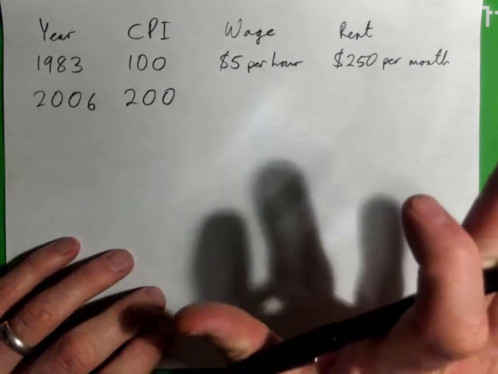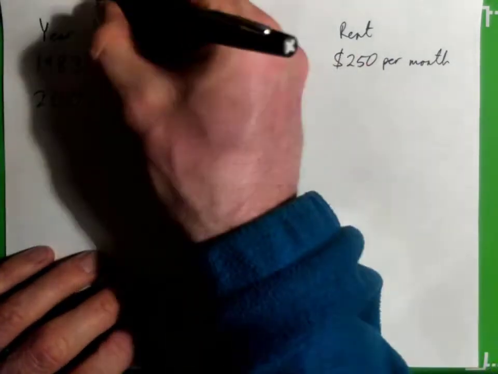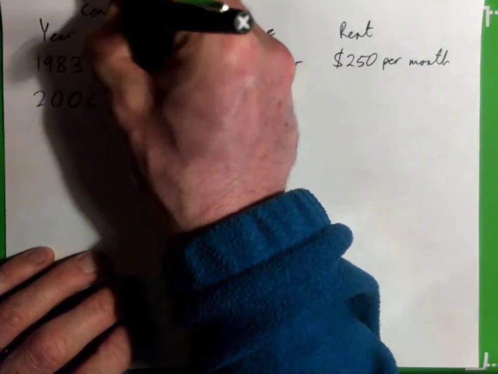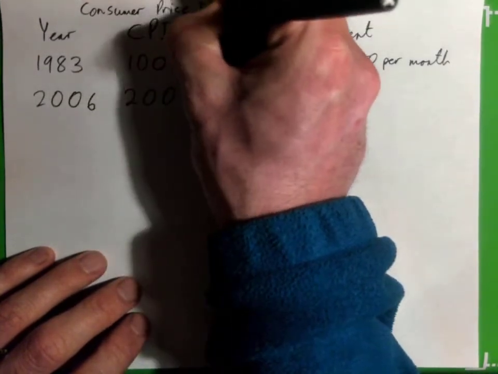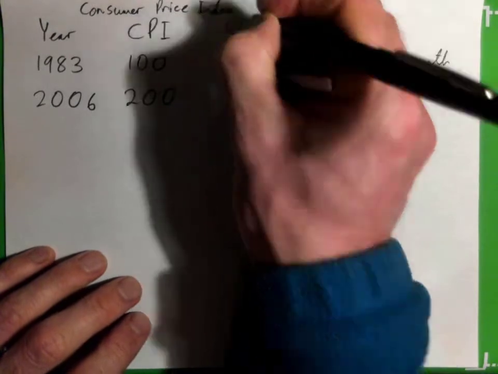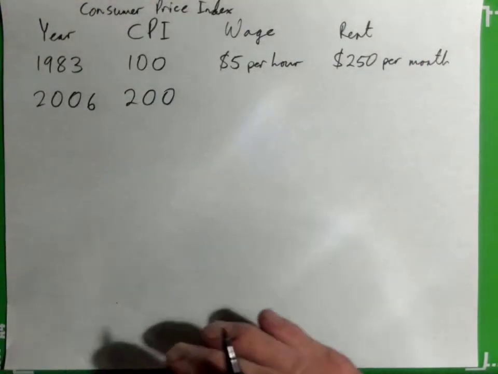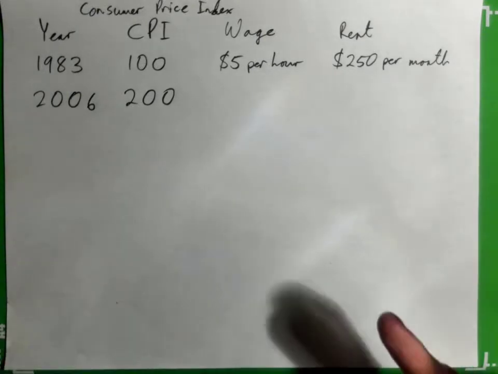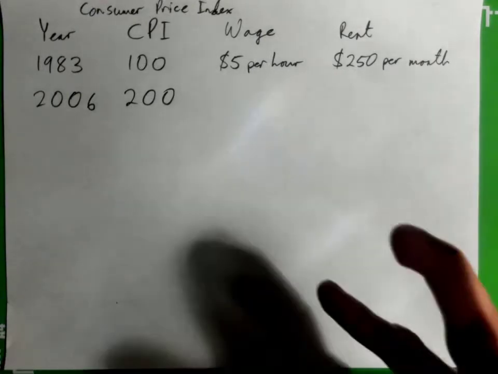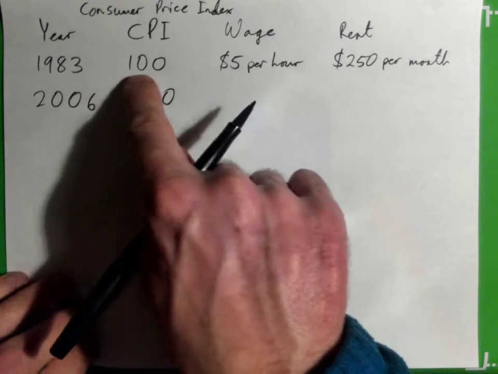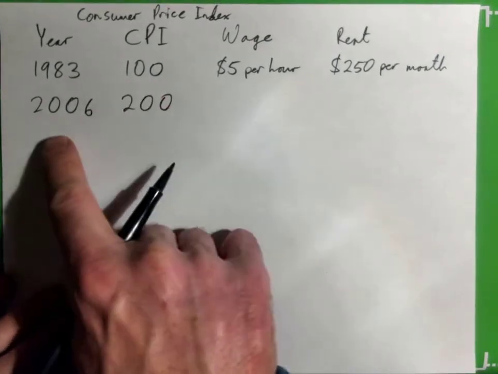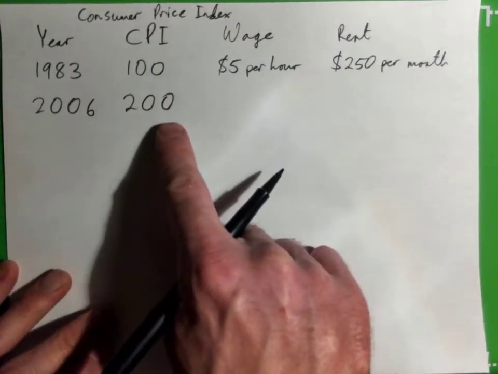First step here is just to understand what the consumer price index means. So it's referencing the relative cost of things, right? It's kind of a basket of groceries in 1983 cost $100. A basket of groceries in 2006 cost $200.